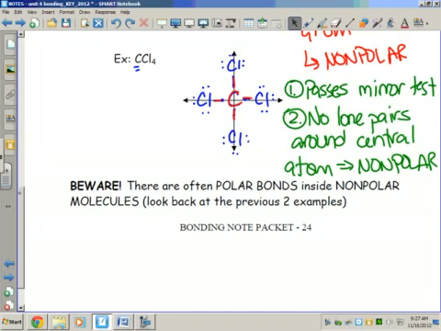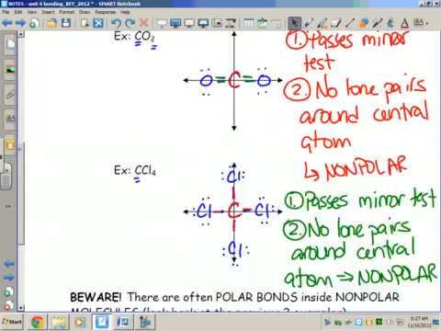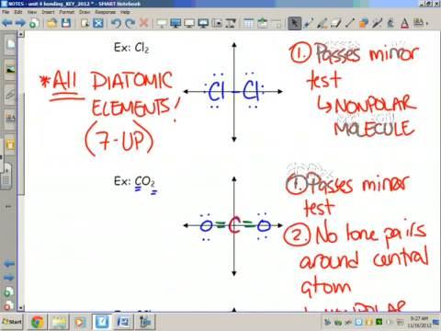Now, one really important distinction to make here is the difference between a polar bond and a polar molecule, or a nonpolar bond and a nonpolar molecule. And in order to do that, I'm going to go back to the beginning. This bond is a covalent bond between atoms of the same element.